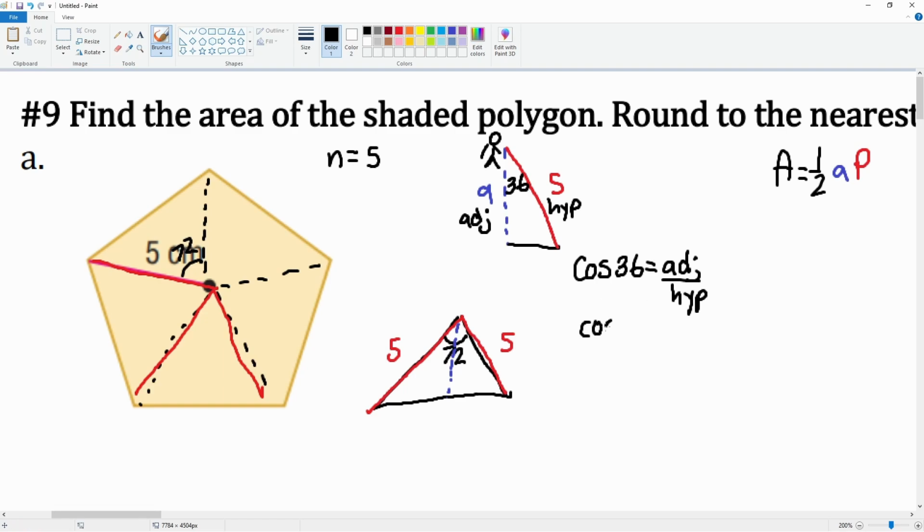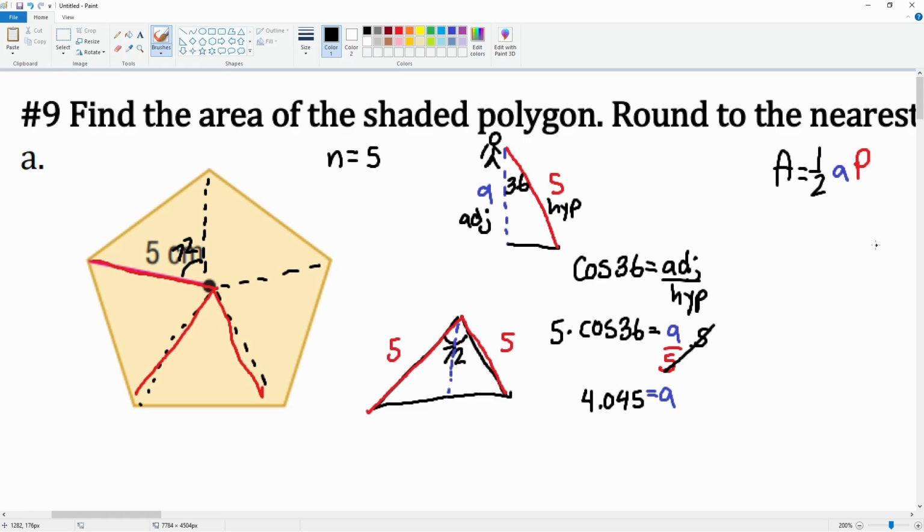Cosine of 36 is equal to my apothem over 5. If I multiply 5 to both sides, I can solve for the apothem. So the apothem is 5 cosine 36, which is around 4.045. I don't round, I try to keep it as long as possible.